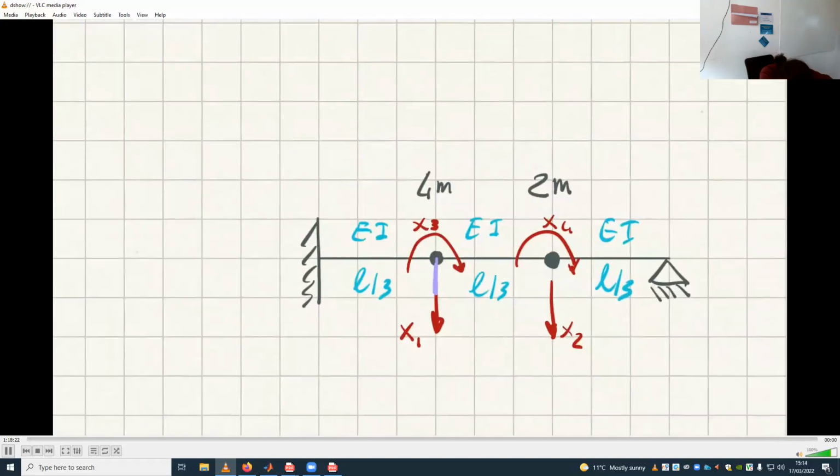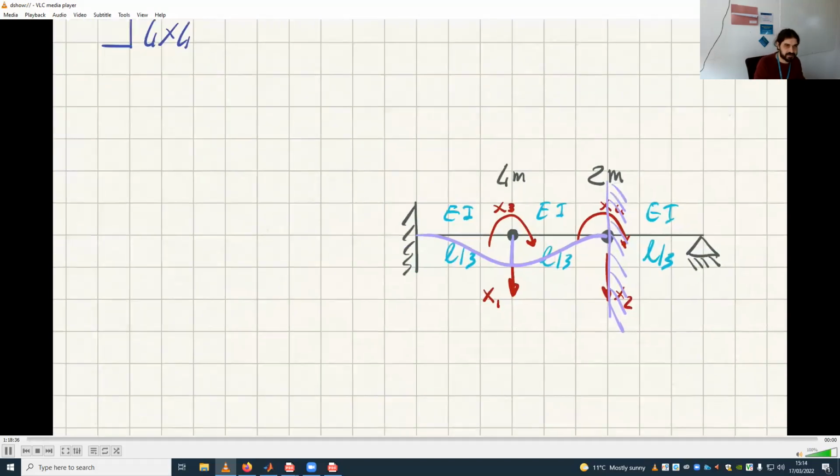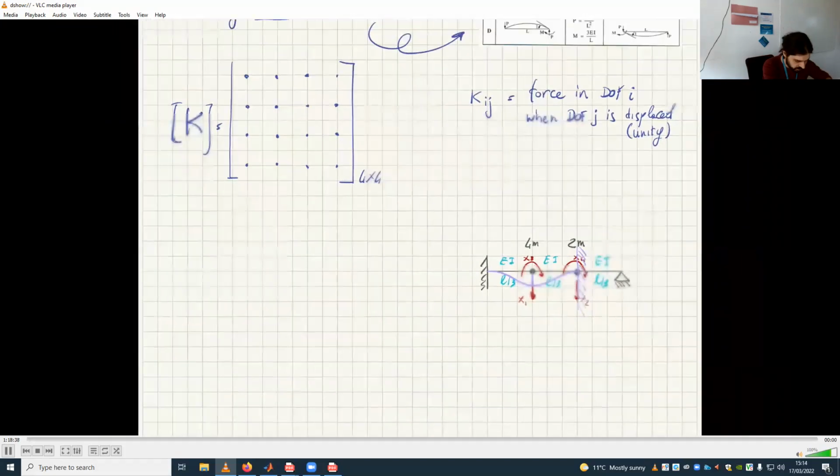The deformed shape of this beam looks like this. What I have here is a fixed support. So now, assuming, well, it's not really assuming, it's imposing.